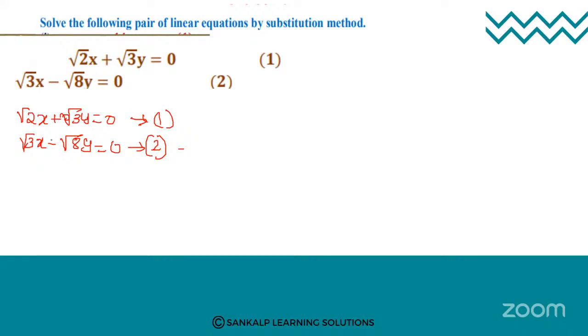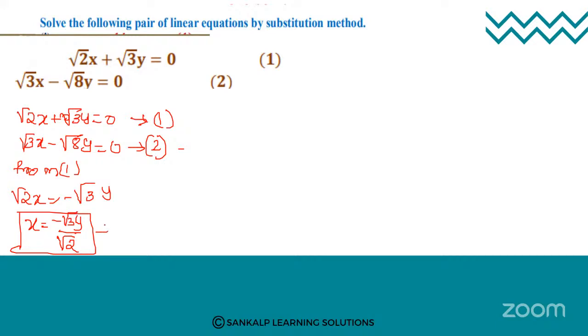Now, root 2x plus root 3y is equal to 0. Now, from equation number 1, root 2x is equal to, transfer this plus root 3y to this side, it will be minus root 3y, right? Now, transfer this root 2 to this side, x is equal to minus root 3y divided by root 2 you will get. So, now call this as equation number 3.